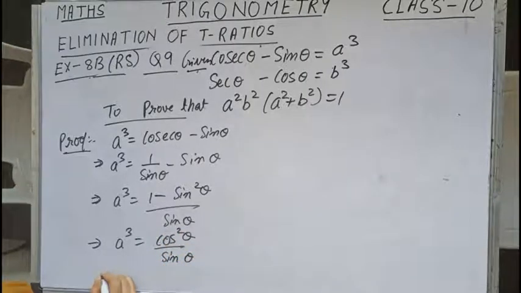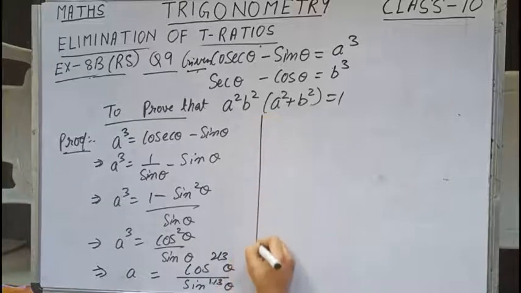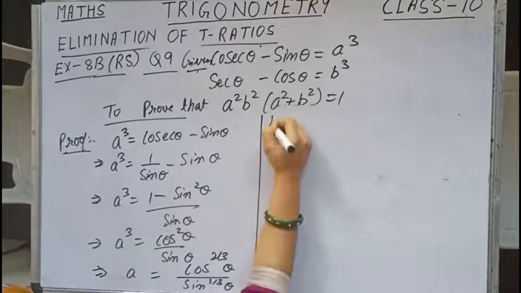So implies a equals cos power 2 by 3 theta divided by sin power 2 by 3 theta. Sorry, power 1 by 3, because over here only sin theta is there. So we are getting the value of a as cos power 2 by 3 theta divided by sin power 1 by 3 theta.